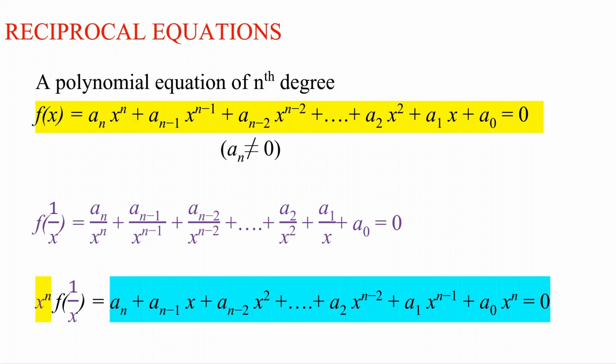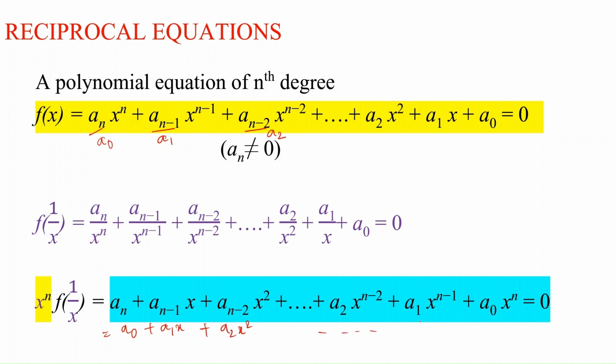But from the definition, we know that the first quotient a_n will be equal to a_0. Second quotient a_(n-1) is equal to a_1. In a similar way, a_(n-2) is equal to a_2. So we'll substitute these values here. So a_n will be equal to a_0, and then this will be equal to a_1 x plus a_2 x squared.